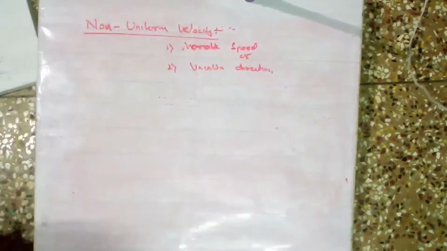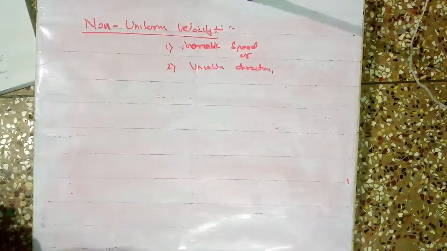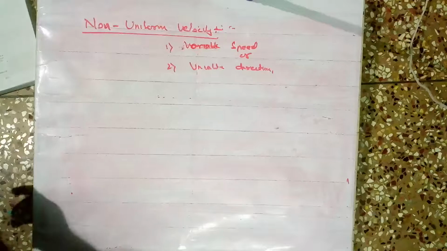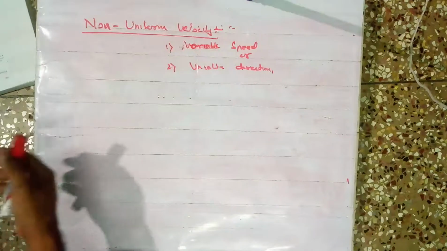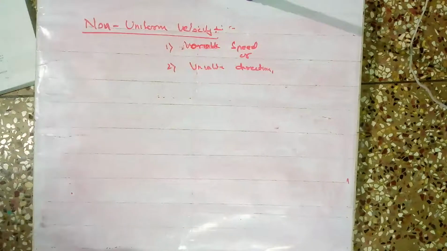Variable speed or variable direction, in both cases the body is said to be under non-uniform velocity. The body is said to be in non-uniform velocity if it travels with unequal speed or unequal direction. Okay, clear?